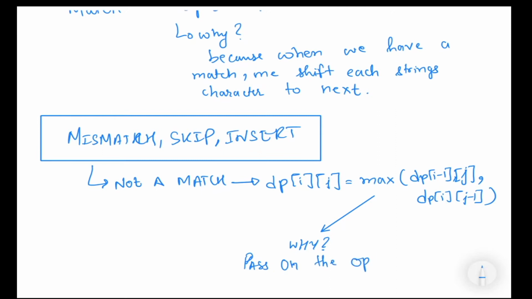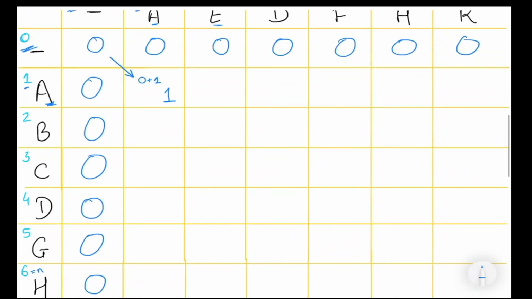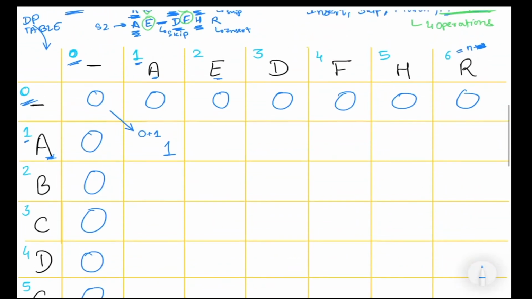What we are trying to do is pass on the optimized result, that is, whatever optimized longest subsequence length we have stored in our DP, we are going to pass it on for future use. So in fact this operation is in a way doing the skip or insert operation. And now we are going to visualize it and have a look at it.